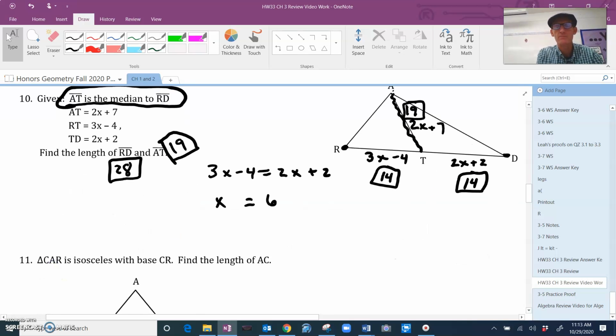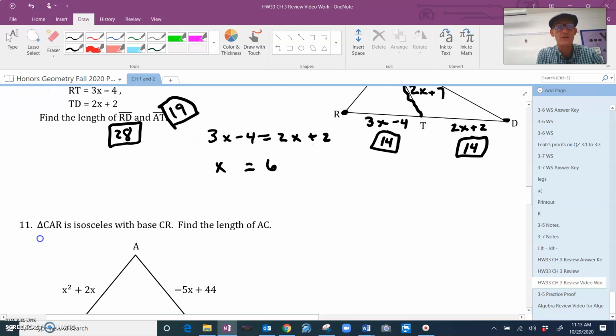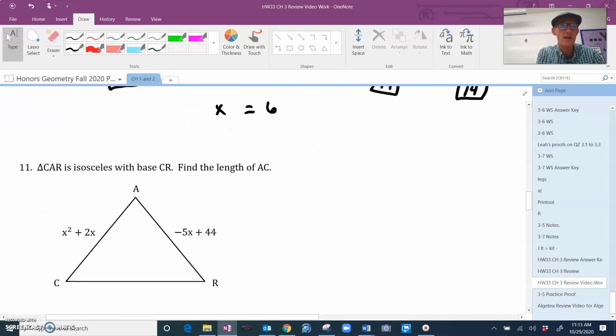Number 11 says triangle CAR is isosceles with base CR. So we know that this angle, the base angle, is congruent to this base angle, and we know if it's isosceles that this side is congruent to this side. So here's the algebra.